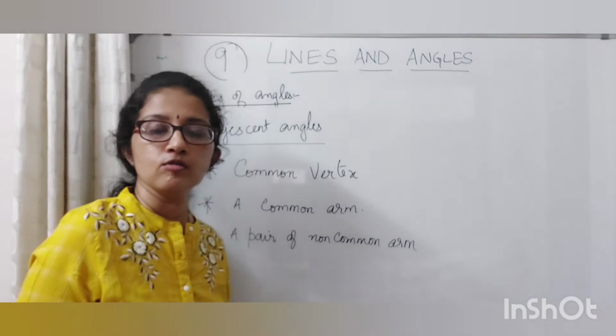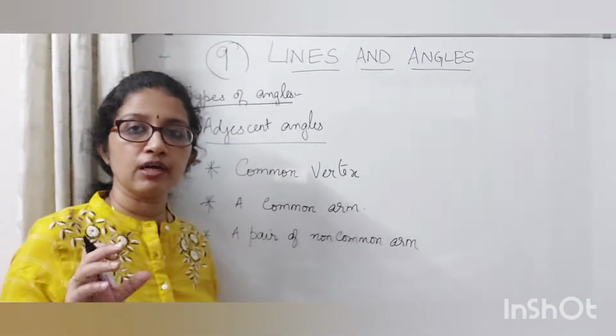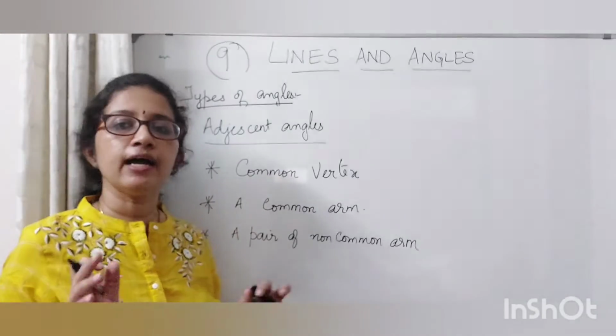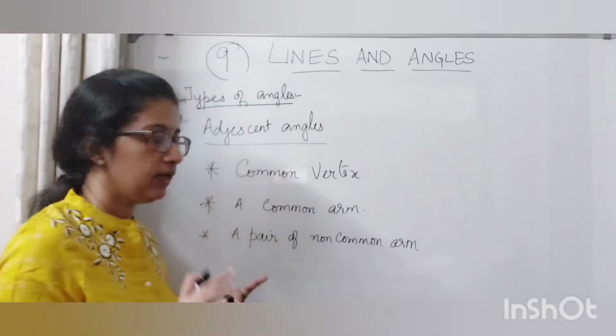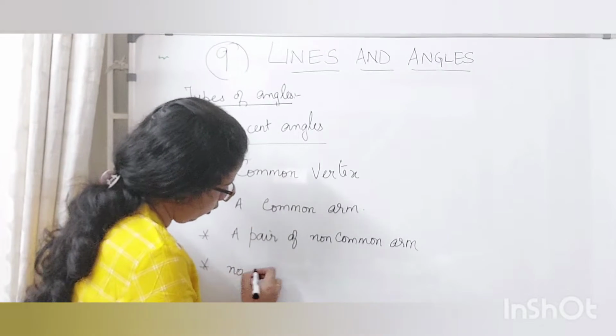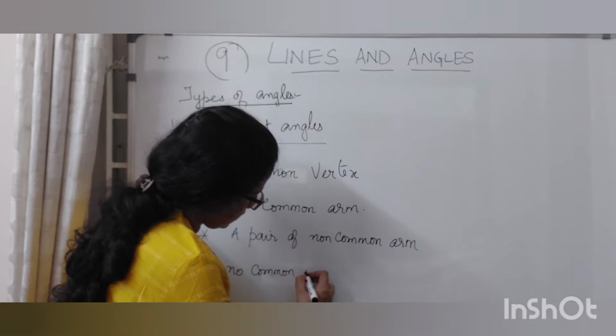So these are the main points which we have to consider before deciding whether two given angles are adjacent or not. And another point is no common interiors.